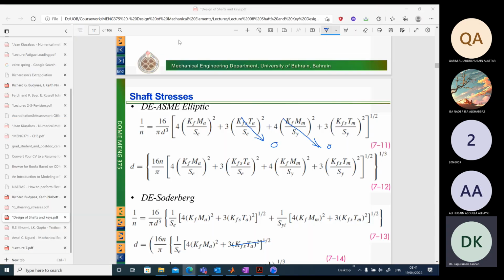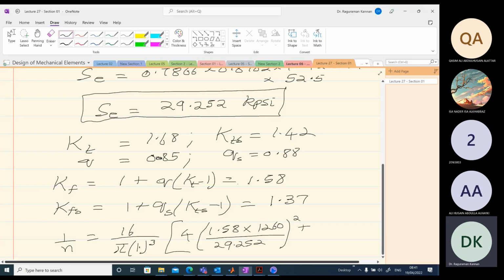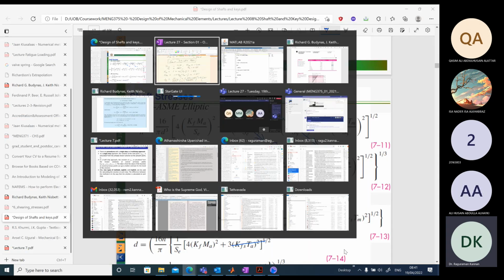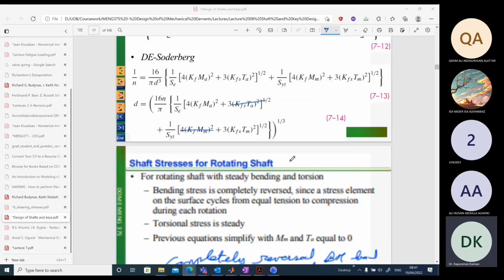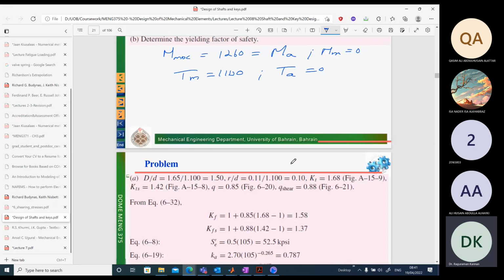plus we have 3 times Kfs. Kfs is 1.37. Multiply that by the mean torque value. Again, what is the mean torque value? We go back to the problem.